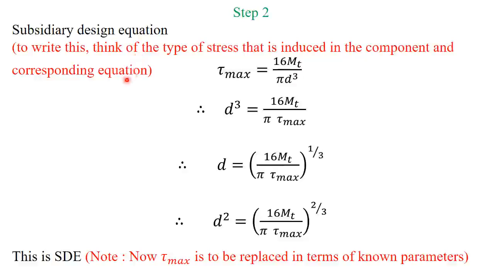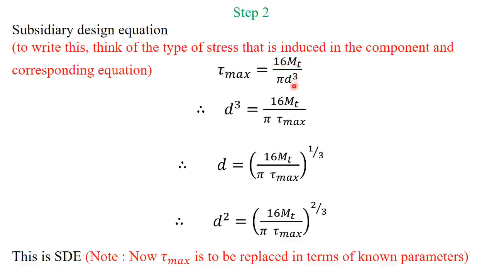Since the bar is subjected to torsion, therefore the induced stress is torsional shear stress, and for a circular cross section, tau max is equal to 16 Mt upon pi d cube. So 16 Mt upon pi d cube.